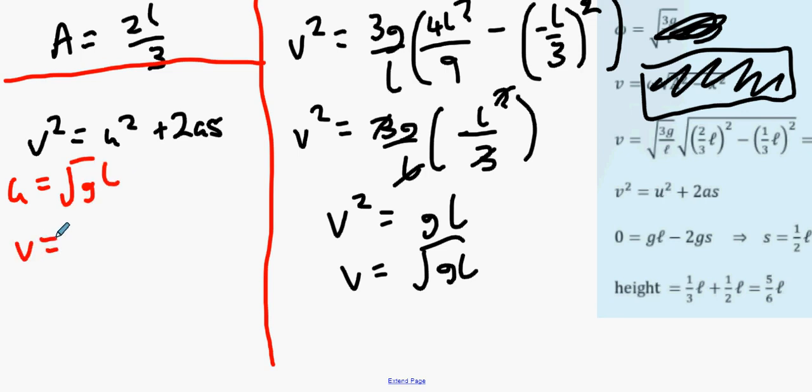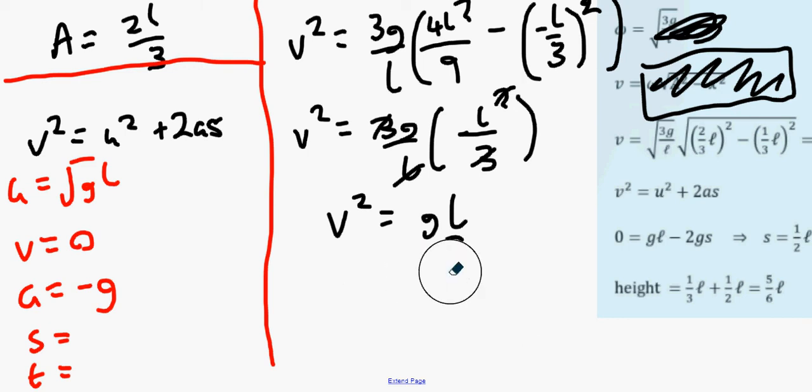v is what, lads? It's the highest point of its motion. 0. a? Or yeah, I'll go minus g because there's a g already there. But yeah, you're not wrong. And our s value is what we're after, isn't it? And the t value we don't even need. So we're going to go for v squared equals u squared plus 2as. Okay? And I will get rid of that. Give myself a bit more space. And off we go.